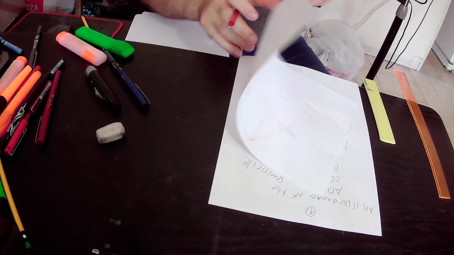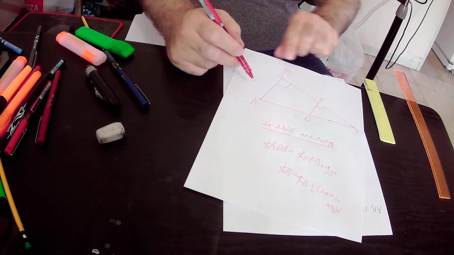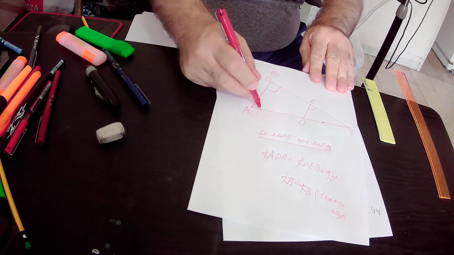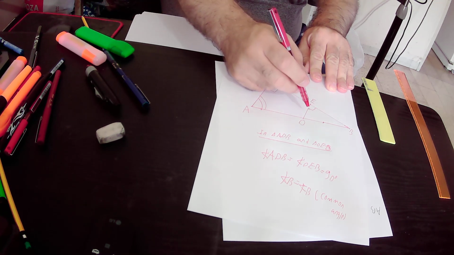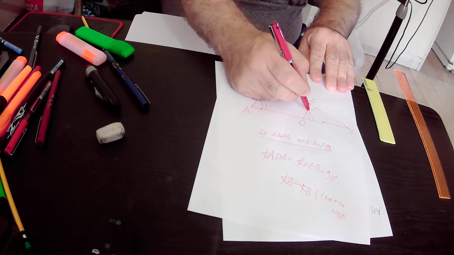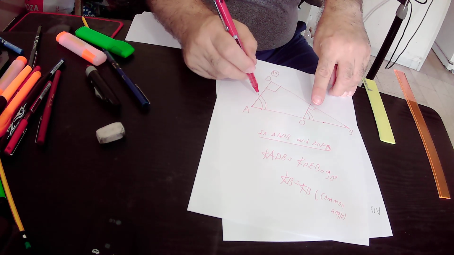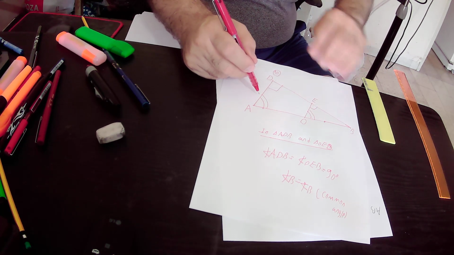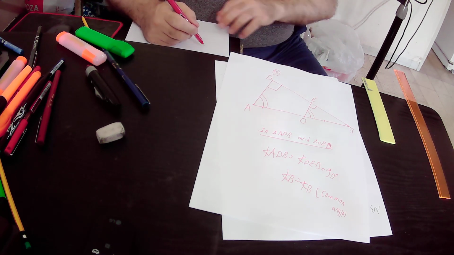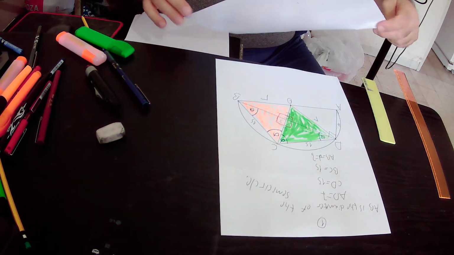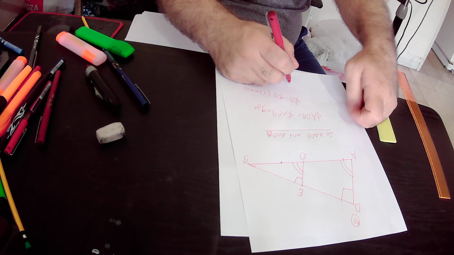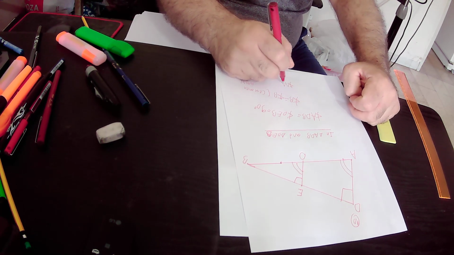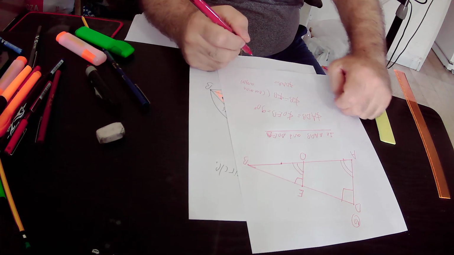And the third angle, angle DAB in the big triangle, will be equal to angle EOB in the small triangle. Those two angles are also equal to each other according to the third angle theorem.